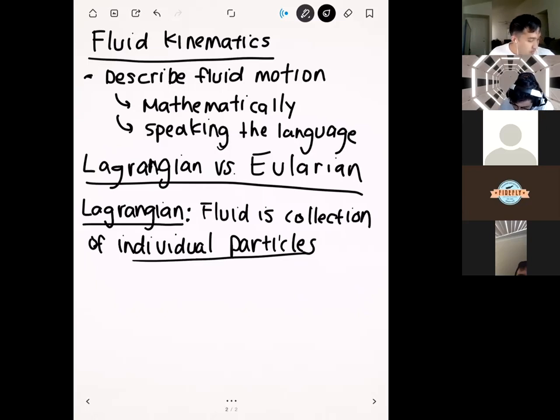When we apply analysis or perform calculations, we do this based on each of the particles. Each of these particles can move and has its own properties and moves independently from each other as a function of time. One way that you can think about this is that the Lagrangian description will take fluid particles and tag them and then follow them throughout the flow.